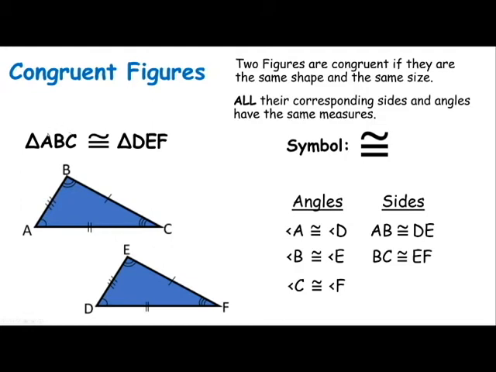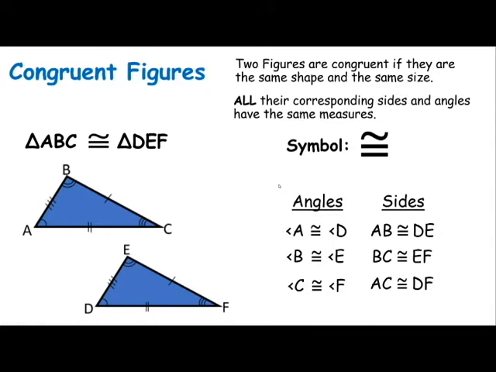Hopefully you realize that AC, this one right here with two marks in it, is the first and last letter in the name, meaning it's going to match to DF, which is down here with two congruence marks in it as well. Simply by stating that these two triangles are congruent, I learn 6 different things about the components or pieces of these triangles and how they're related to one another.